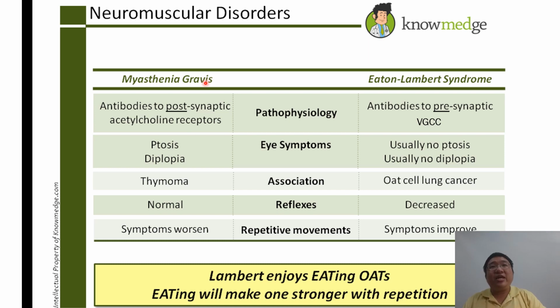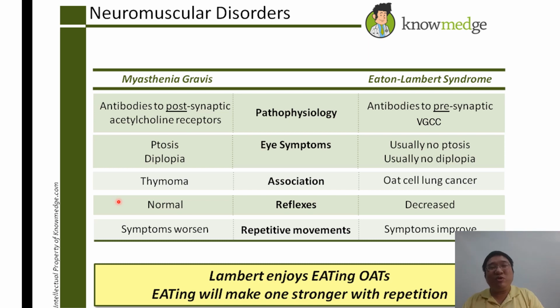So myasthenia gravis is caused by antibodies to postsynaptic acetylcholine receptors. Symptoms are common. Association, this table is wrong. It is thymic pathology, not thymoma. Reflexes are usually normal unless you repeat the test for 100 times.